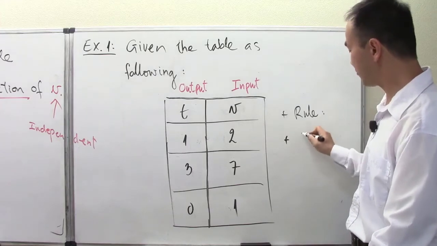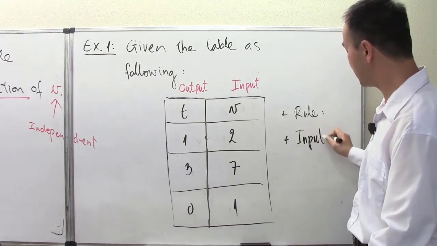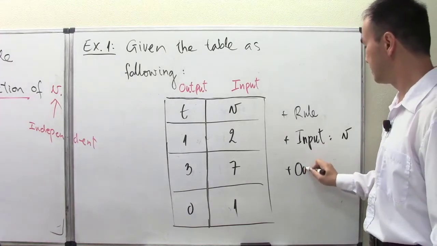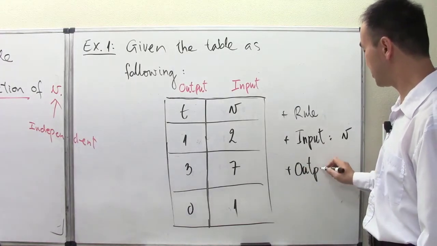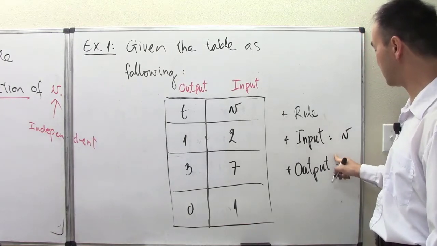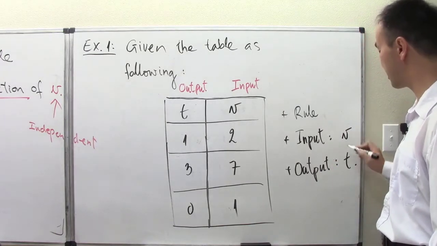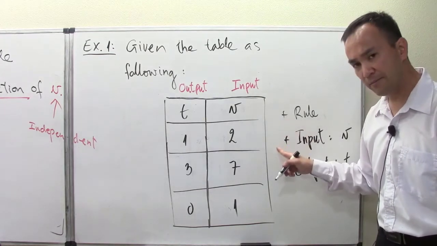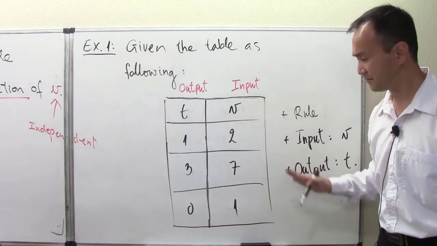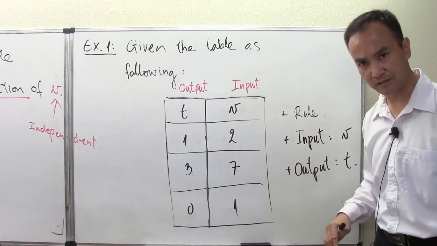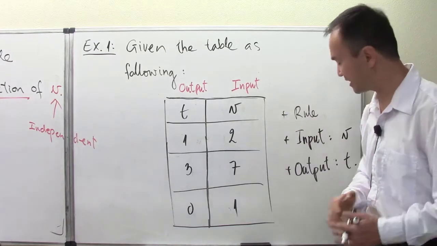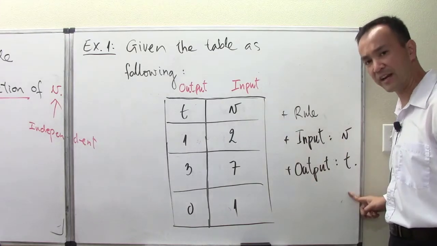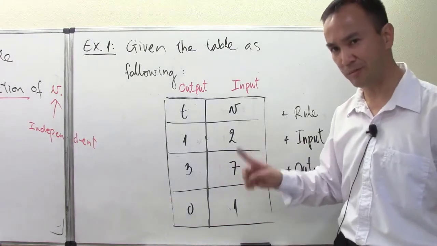But that rule takes the inputs, this time the V, and lands each input into an output, among the values we generally regard as the t variable. So we got a rule, we got an input, we got an output. That's the easy part. The more challenging part is, can this rule, taking every input V and outputting a corresponding t, be a function?